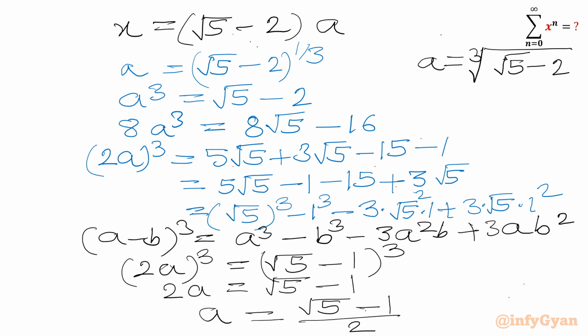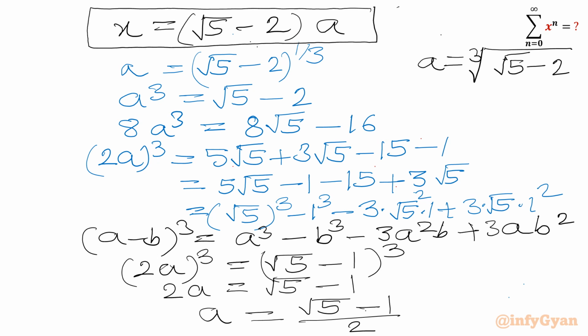And this value I will apply here. So x will be equal to (√5 − 2) times (√5 − 1) over 2.